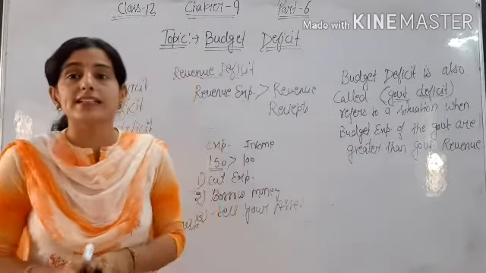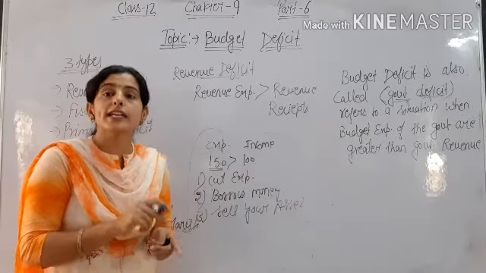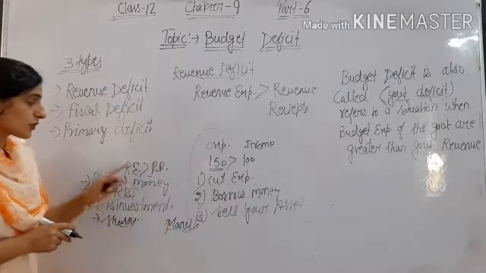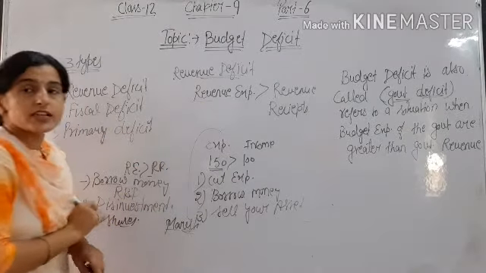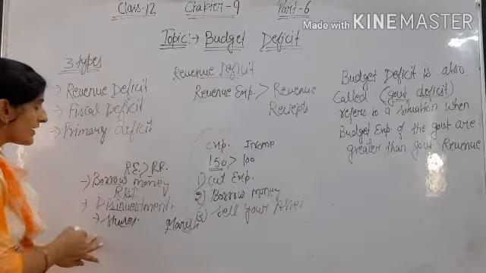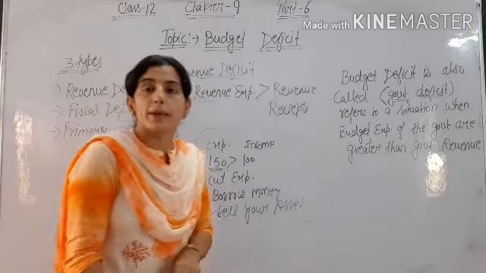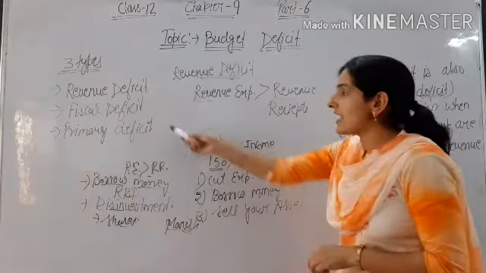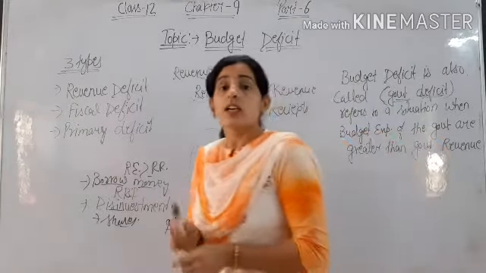Or the government sells its public enterprises to individual persons, then that is disinvestment. So the government recovers the revenue deficit by disinvestment or by borrowing money from the RBI or from the public. The next, fiscal deficit and primary deficit, we will discuss in the next videos. Okay, so watch the video.